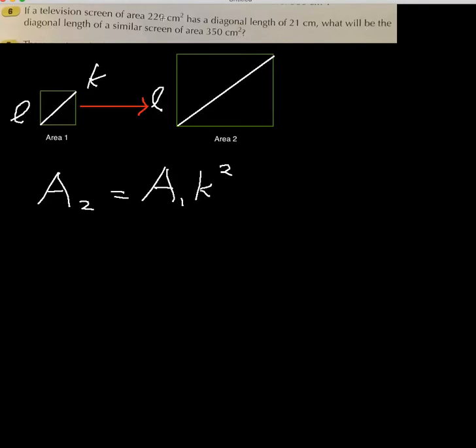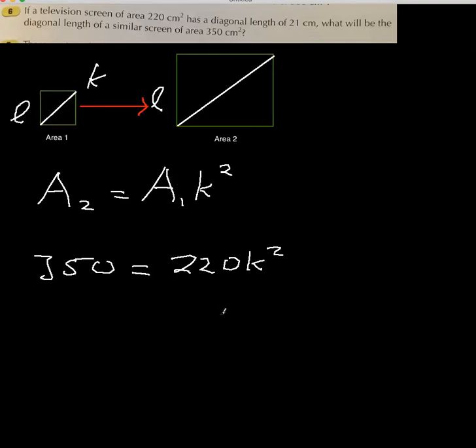So we're going from a smaller screen to a bigger screen. So our new area of the bigger screen is 350 centimeters squared, and our previous area, area 1, would have been 220 times this K squared.